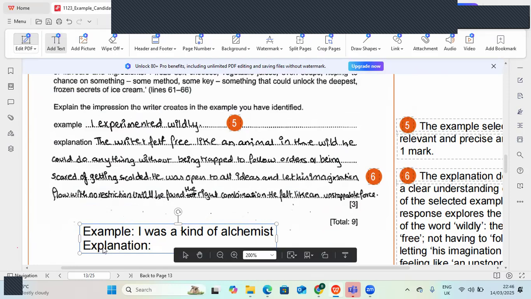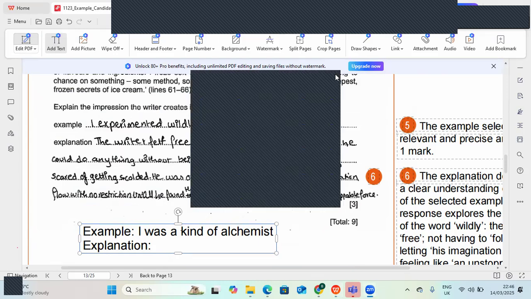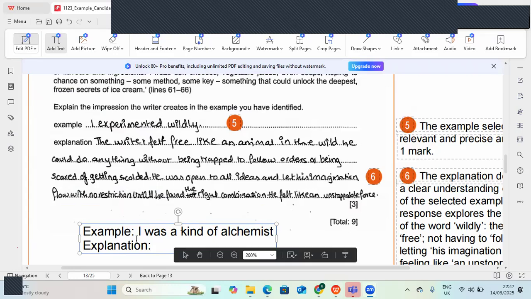I wrote the incorrect spelling of explanation though. Right. So, I was a kind of alchemist. Hassan, what is your response? How would you write the explanation for this one? Is Fatima here? Let me just check. Yes, Fatima. How would you write the explanation for this example? I was a kind of alchemist.